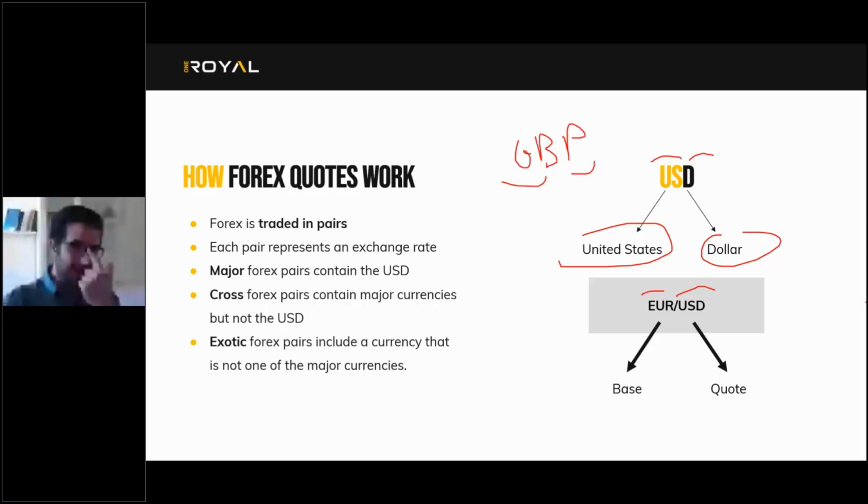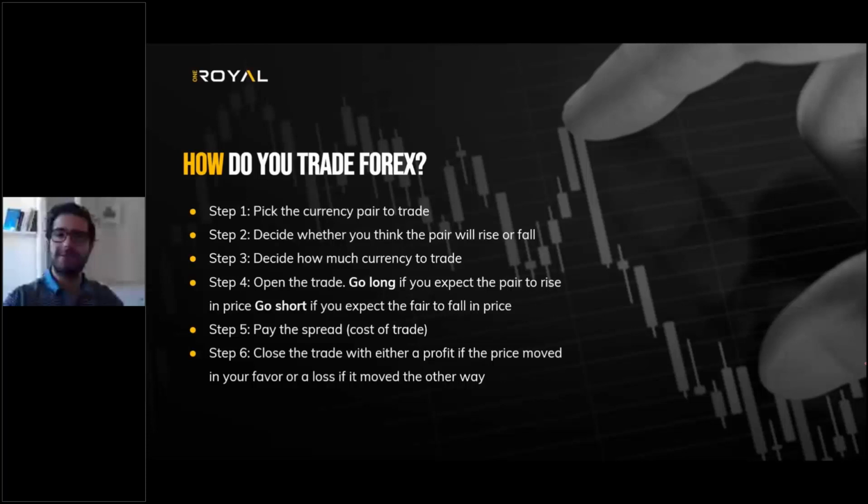How do you trade forex? We have mentioned six steps. Step 1, pick the currency. Then step 2, decide whether you think the pair will rise or fall. Here you will do your analysis to come up with a trading idea. Step 3, you decide how much currency you want to trade, so the position size.